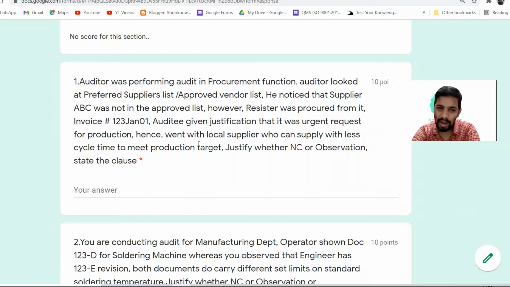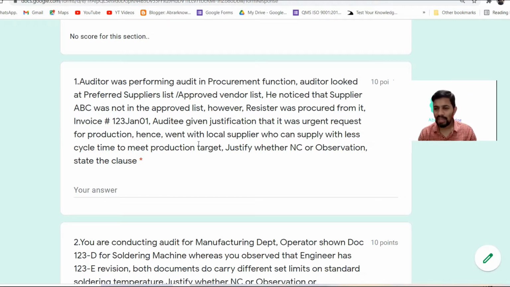So this is a very common scenario which you might find in production, in manufacturing. There is something called an approved vendor, and the part is being procured from a local vendor which is not in the approved list. So in this case, how do we deal with this?